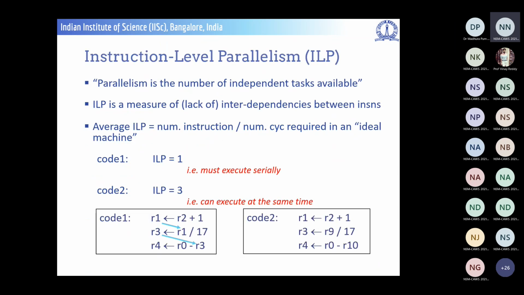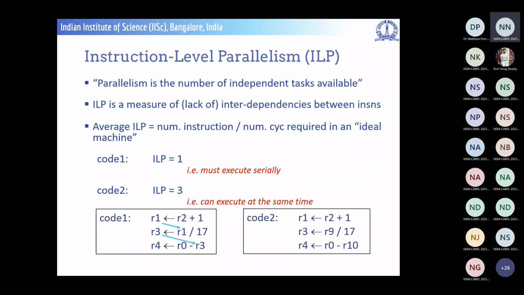I guess you have already heard of the term instruction level parallelism. What we really mean by that is, at the end of the day, when the code is compiled and provided to the hardware, what software wants, assuming single-threaded software, is that you are provided a stream of instructions and the hardware should execute them one after another.